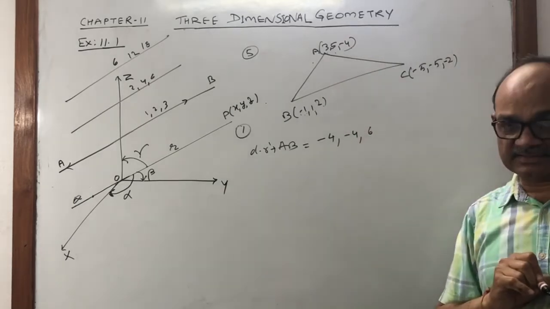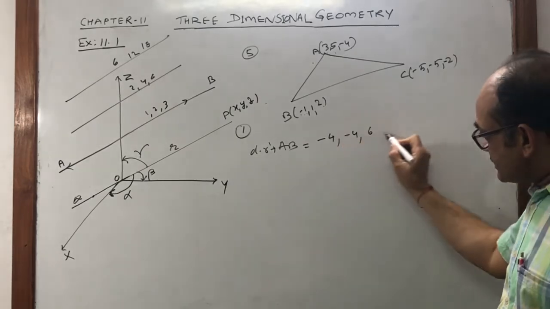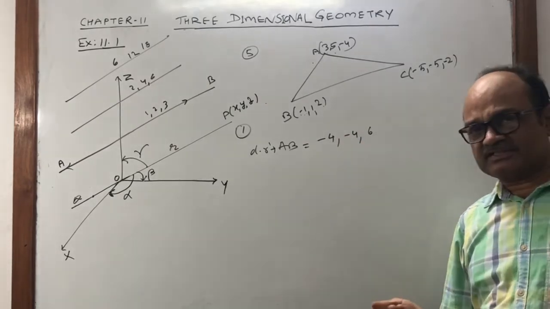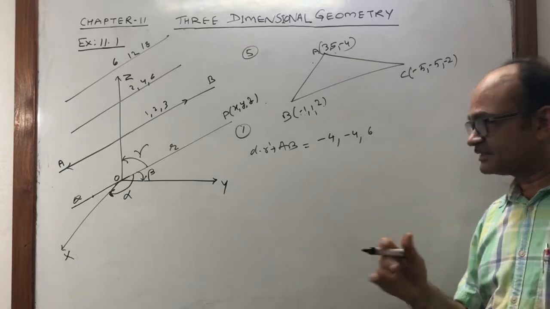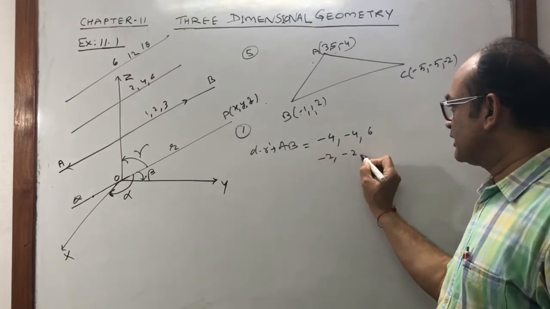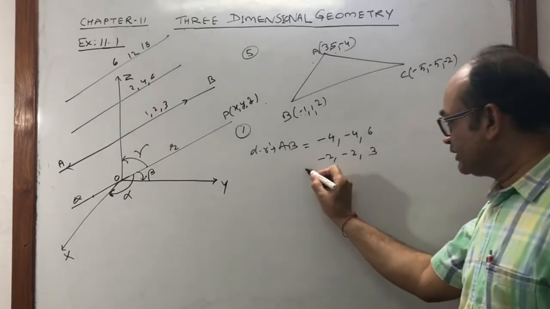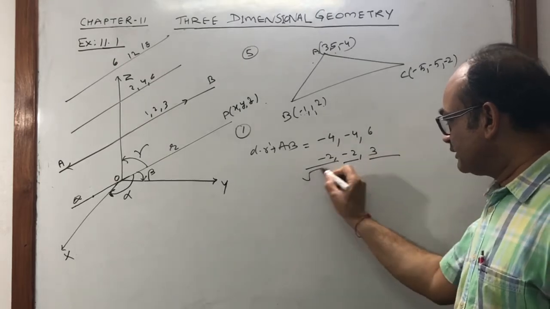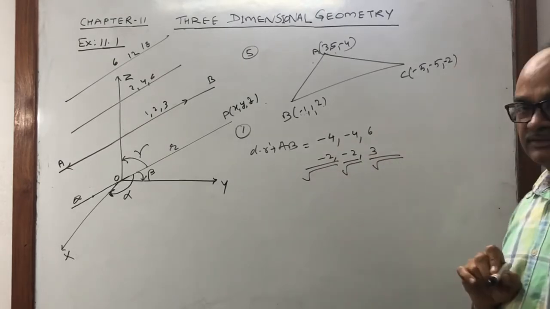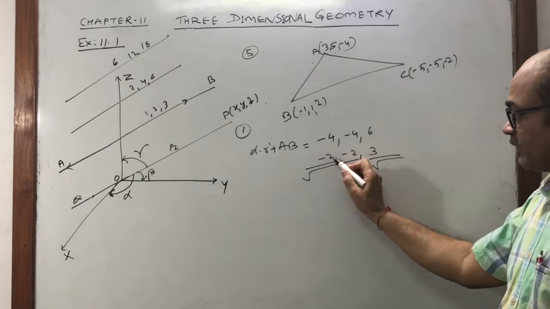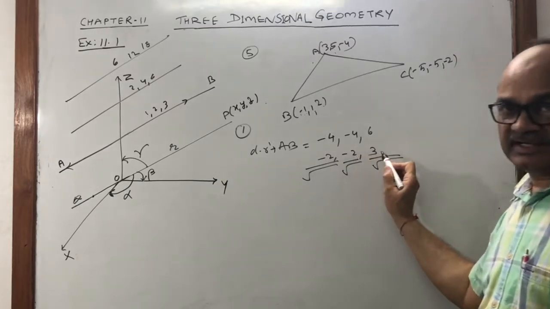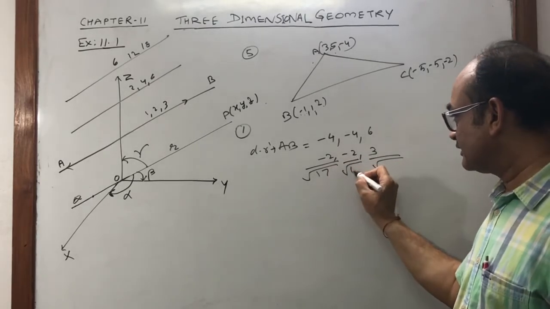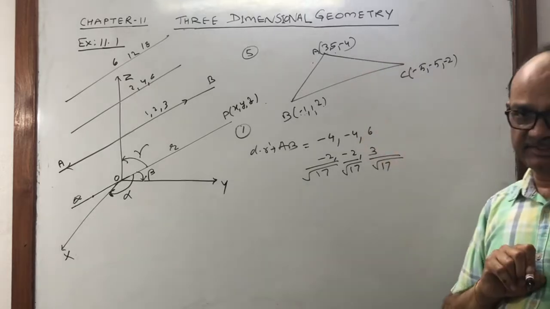These are the DRs. If some number is common, we can cancel it out because DRs are proportionate numbers. We can write it minus 2, and 3. And if we divide by the magnitude, that is R, you will get DCs. 4 and 4, 8, 8 and 9, 17. These are the DCs of the first line segment.